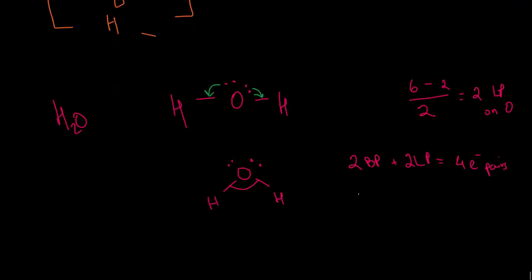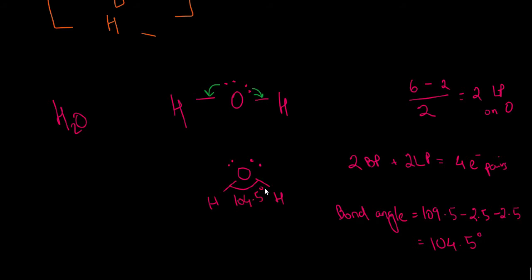So the bond angle is going to be 109.5 minus 2.5 for one lone pair and 2.5 for the other lone pair. So the bond angle is going to be 104.5 degrees.